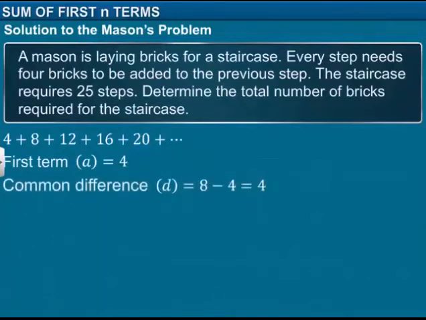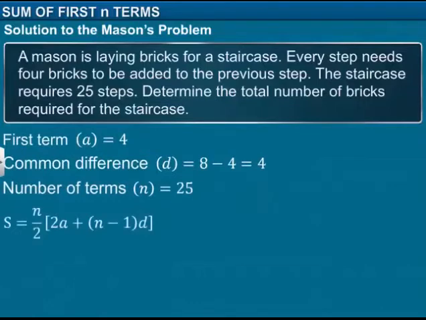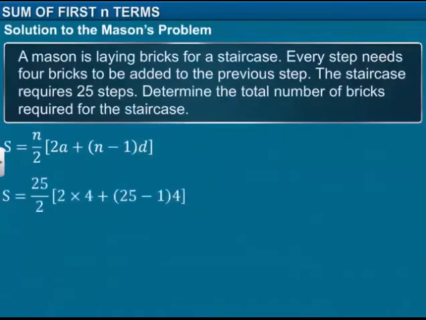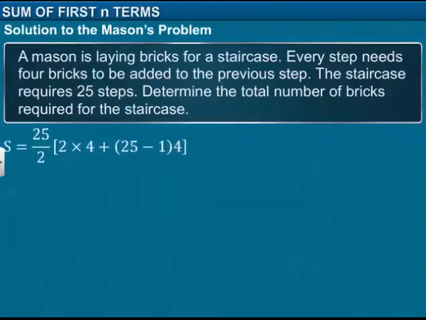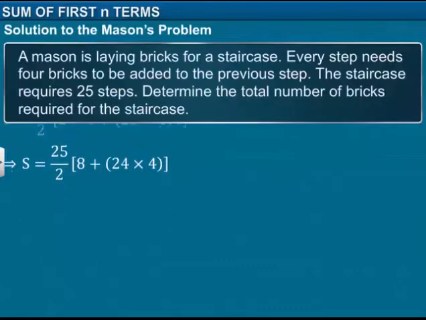Substituting the values of n, A, and D in the formula, you get the value for the sum of n terms, S. After simplifying, you get S equals 1300. Therefore, the mason requires a total of 1300 bricks to construct a staircase of 25 steps.